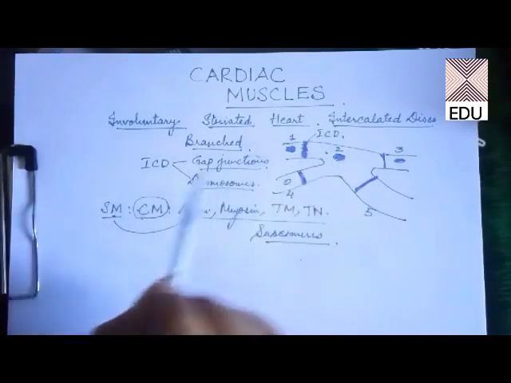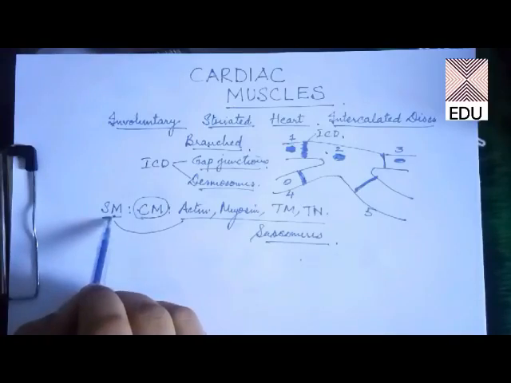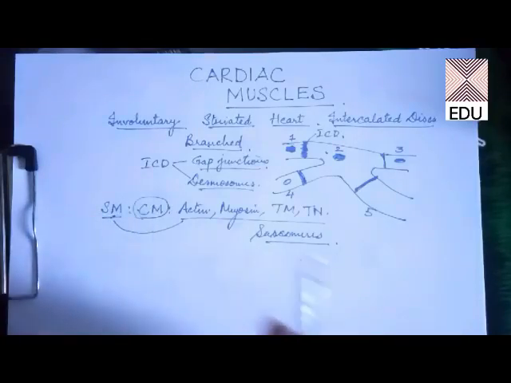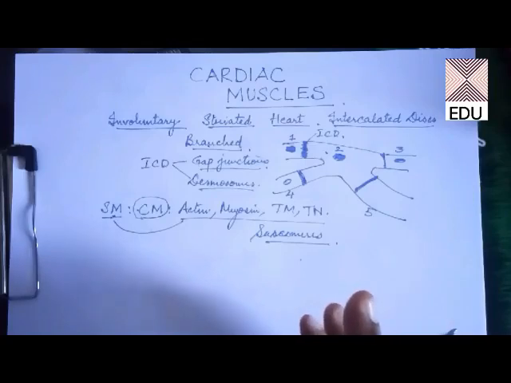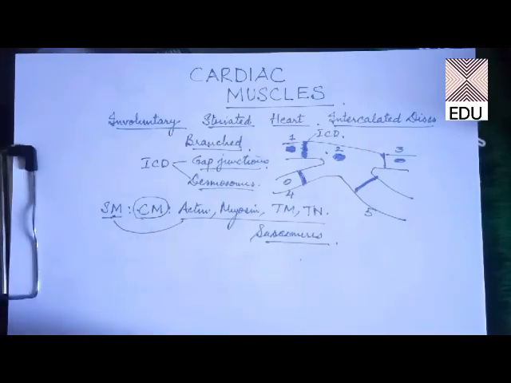Otherwise, in the skeletal muscle cell, you can have many nuclei. So the cardiac muscles, they also possess many mitochondria for taking up more of the energy. So as they require more energy, they have got huge numbers of mitochondria.